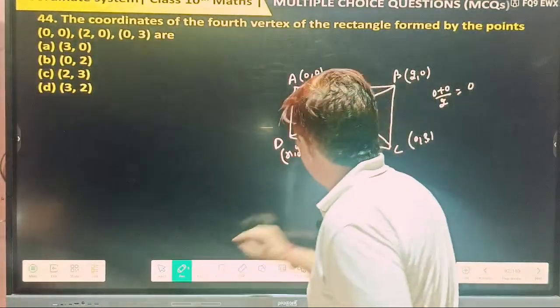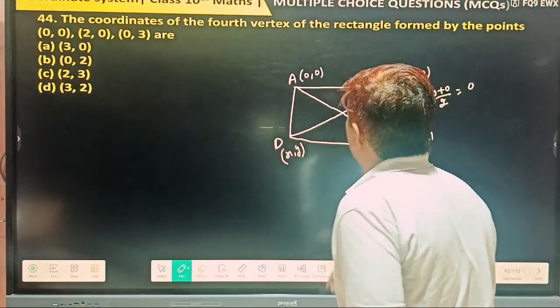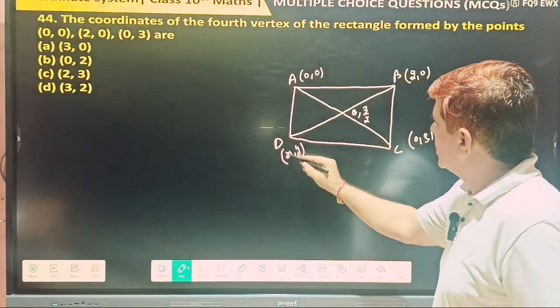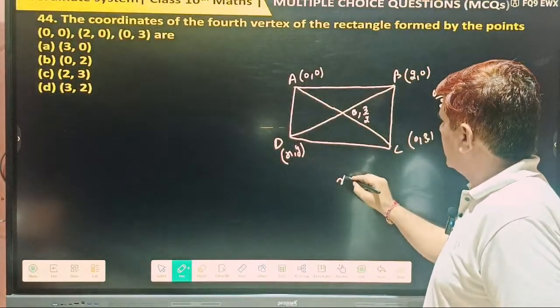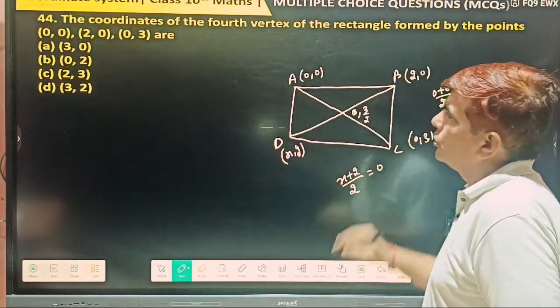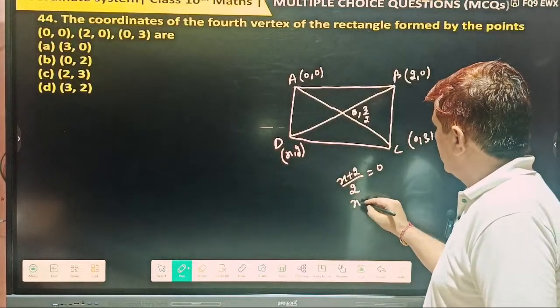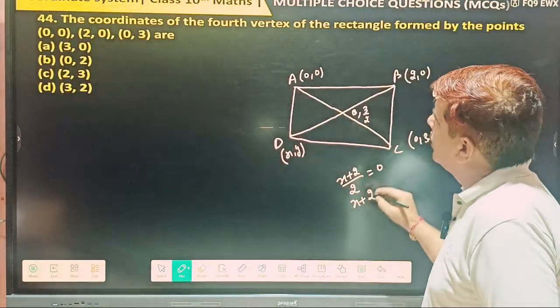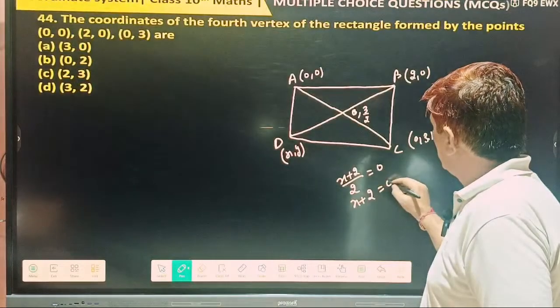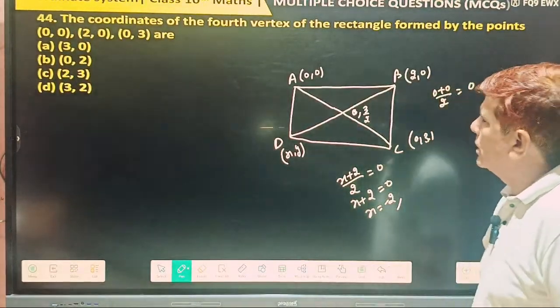Which point? This point. This is 0. So what's its meaning? This plus this, x plus 2 by 2 equal to 0. Understood? So x plus 2 is equal to 0, so x equal to minus 2. What's the value of x?